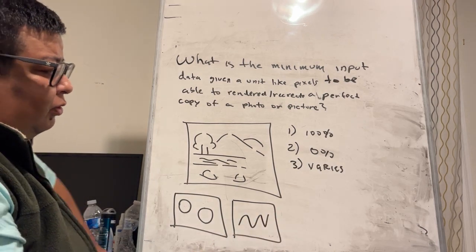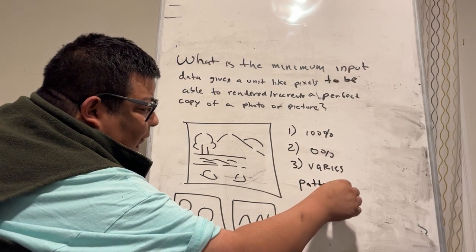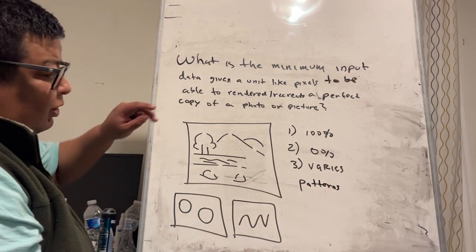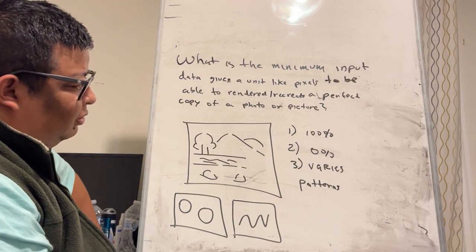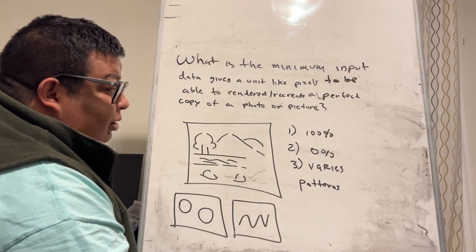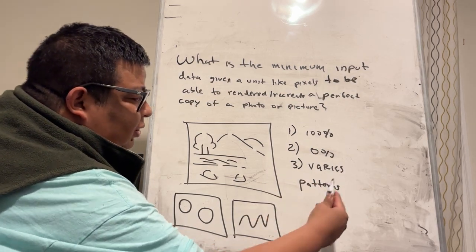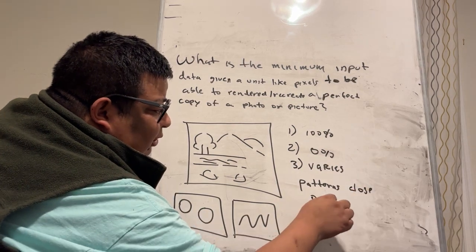In math, we know we have patterns. If I know the original patterns of a picture, then I would say we can get close to 100% or 100%.